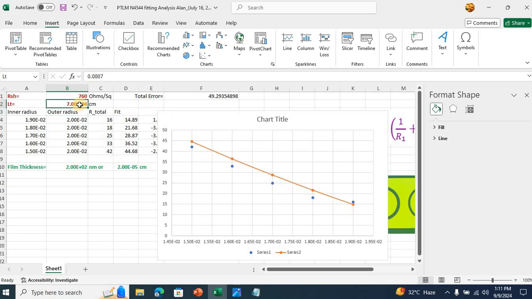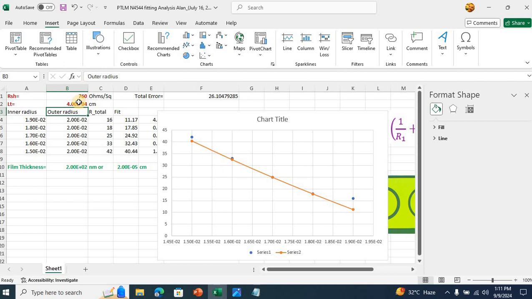No. So 0.0004 gives me a reasonable fit, not in fact 0.0004, I've got to make it like 0.0005. 0.0005 gives me a reasonable value for the transfer length. So now I say my sheet resistance for this film is 760 ohms per square, and my transfer length is 0.0005 centimeters.